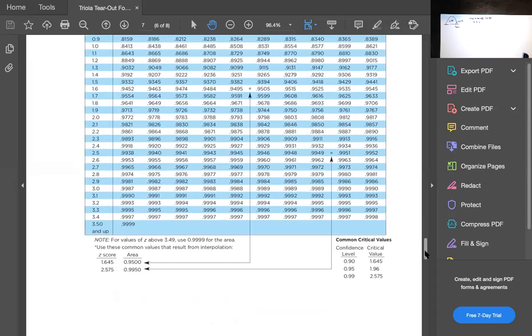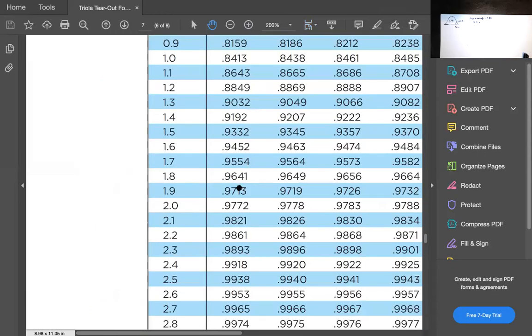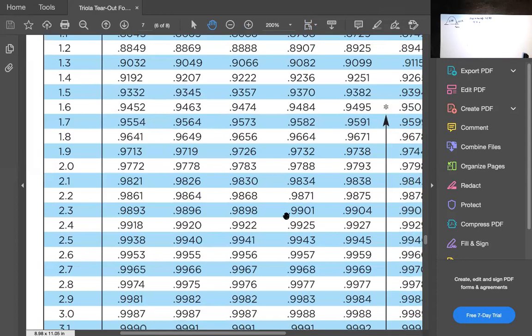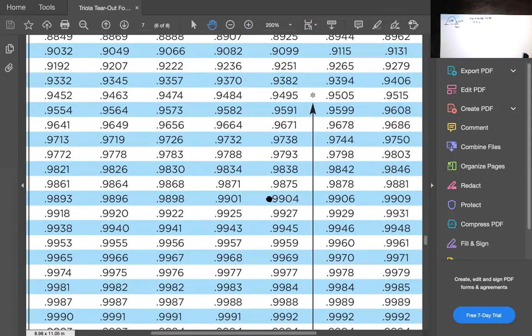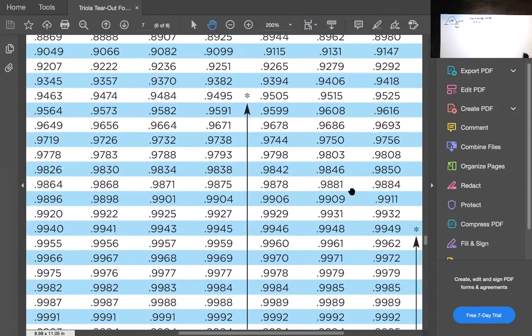I'm looking for 0.98 in the body of the table, and we want to get as close as we can. I've got 0.9798, so that's 0.0002 off from 0.9800. Then I've got 0.9803, so that's 0.0003 off. So this is the one, right here.